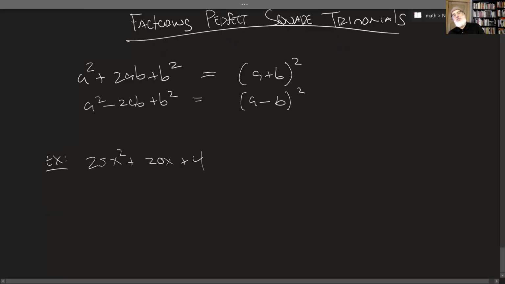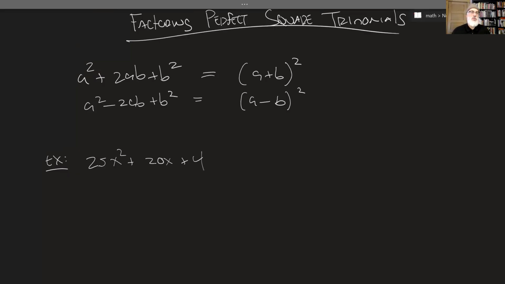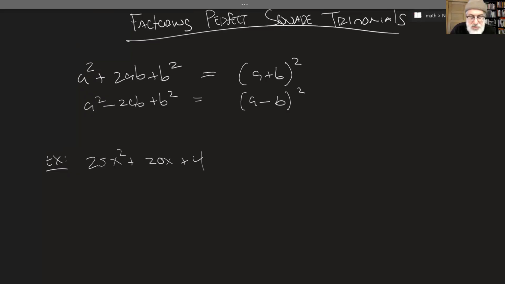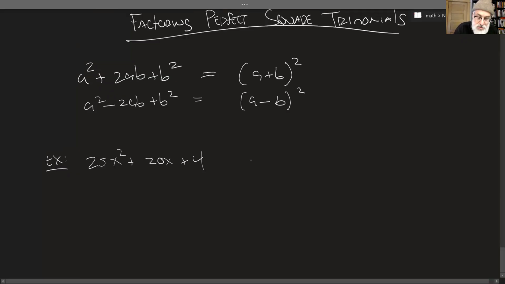It's when you have a square, that's what I mean by perfect squares, of the first and last term. If I were to take those terms and square them, they would equal 25x squared and 4. In other words, is this perfect square?